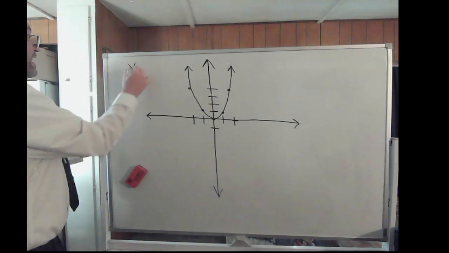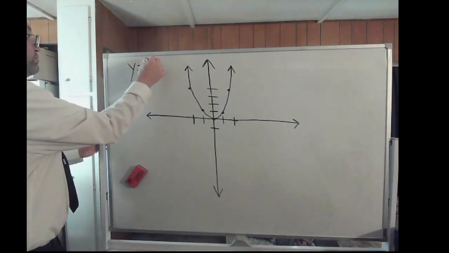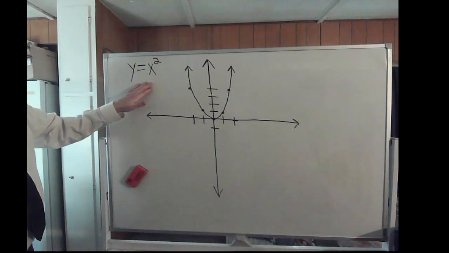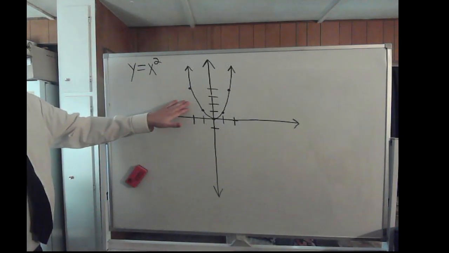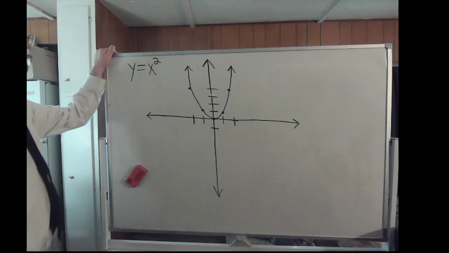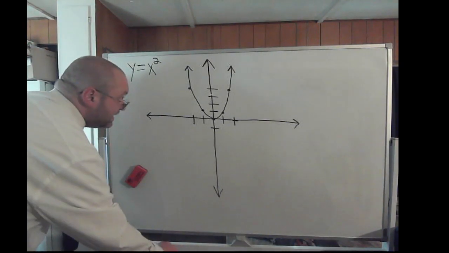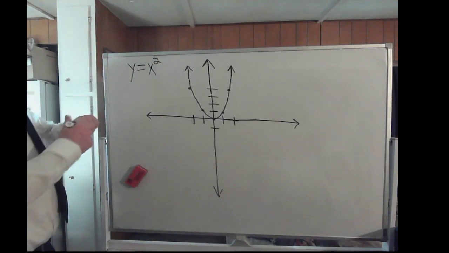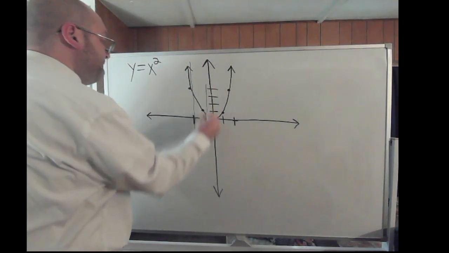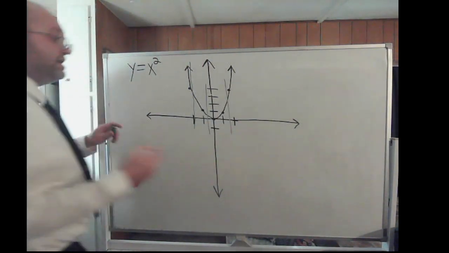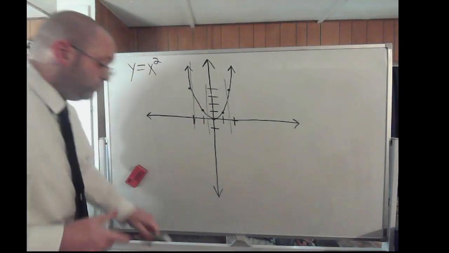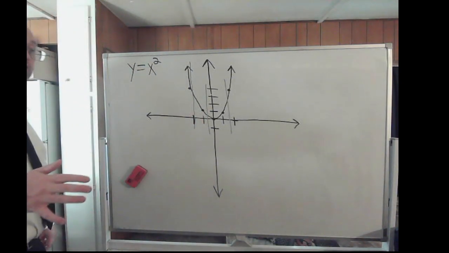This is the graph of the classic y equals x squared. You always get a parabola. So if I did the vertical line test on this particular one, it doesn't matter where I draw it, I'm still getting a function because it intersects at one and only one point. So y equals x squared is a function.